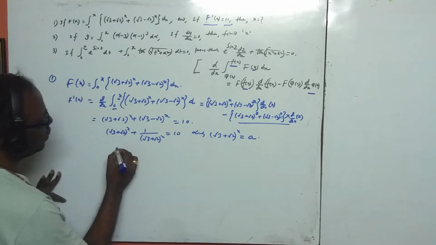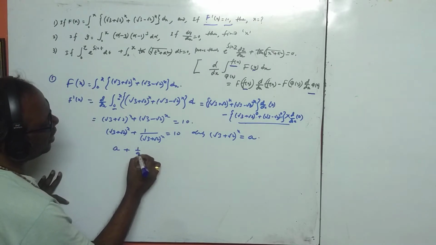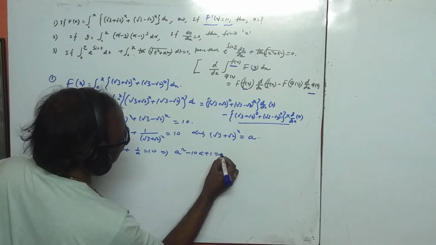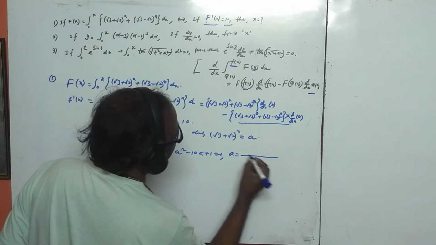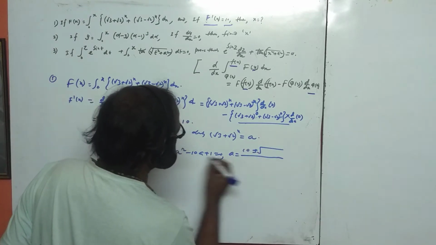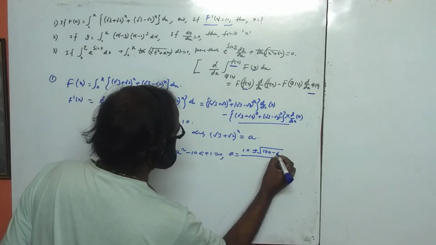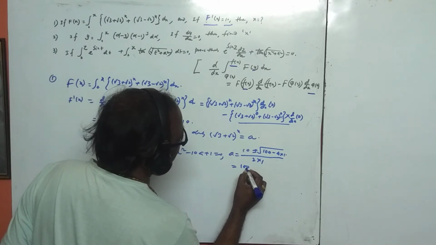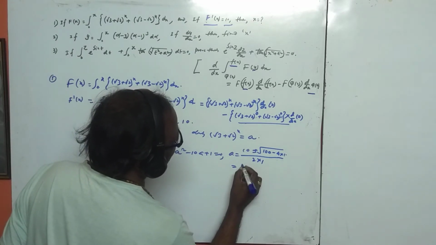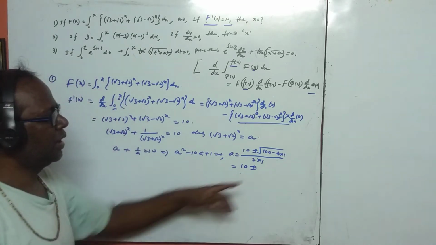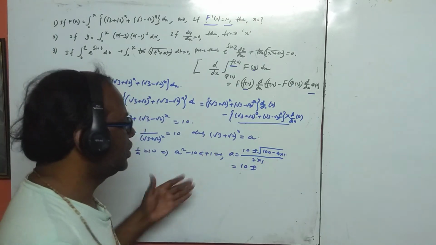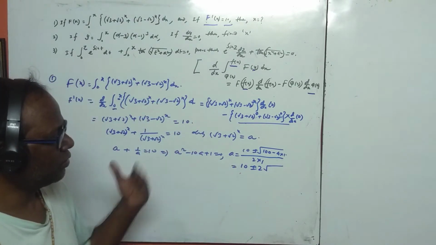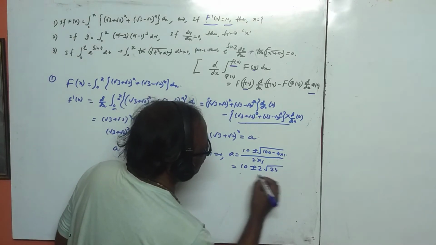So a plus 1 by a is equal to 10, a square minus 10a plus 1 equal to 0. Apply the Sridharacharya formula here, that is 10 plus minus root over b square minus 4ac, by twice a, that is 10 plus minus root over 100 minus 4, taking common 4, root over 25 minus 1, that is 24 here, by 2.